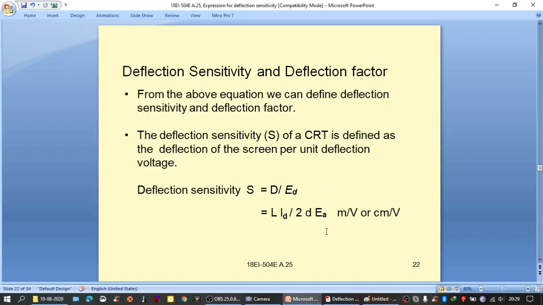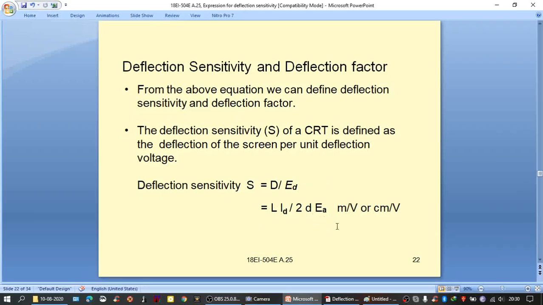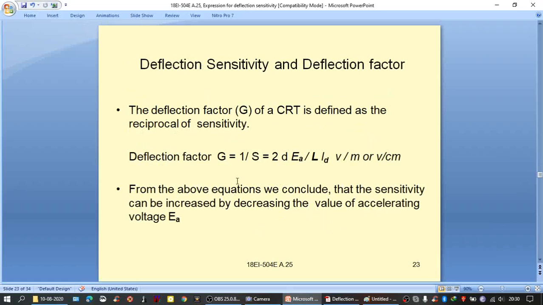So what about deflection factor, reciprocal of deflection sensitivity, and it would be 2dEa by L LD. G is equal to 1 by S is equal to 2dEa by L LD, volts per meter or volts per centimeter.